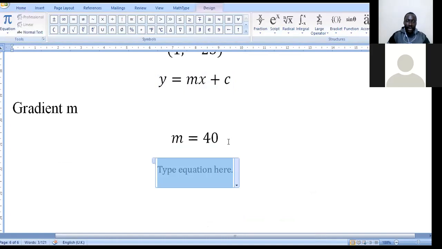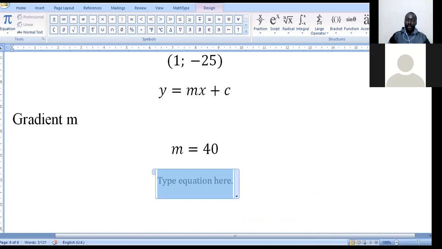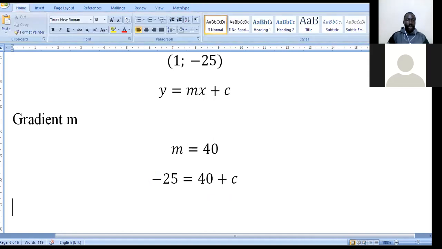So it'd be like y, which is negative 25, equals m, which is 40, times x. Do we have x? X is 1, plus C. So what do you get from here for C?